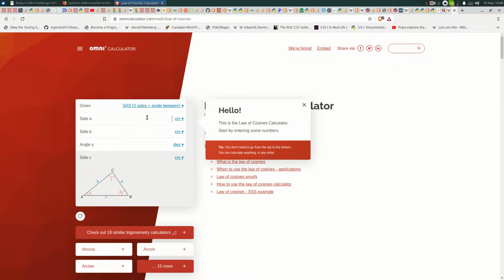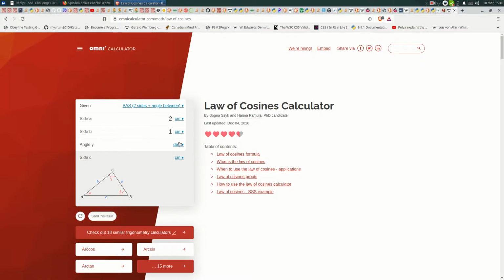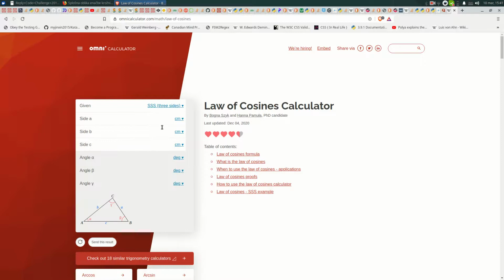So it's 2, 1, 2, 1, 2, 3. We get the angles.